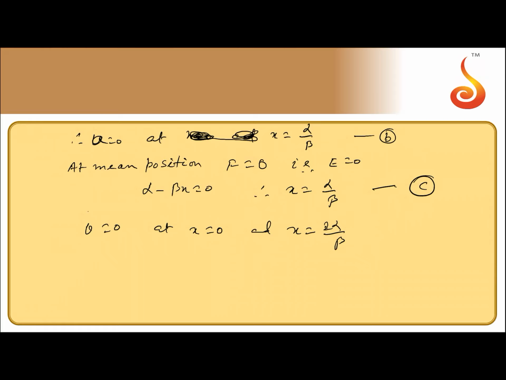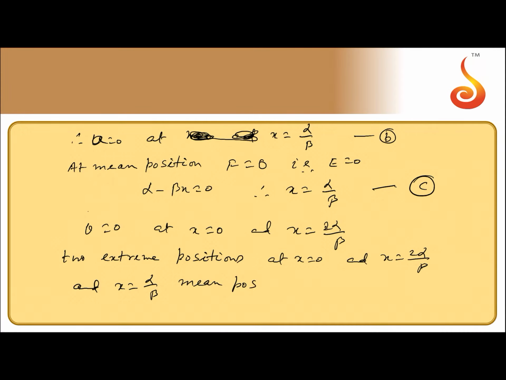So these are two extreme positions, at x equal to 0 and x is equal to 2 alpha by beta, and x is equal to alpha by beta is the mean position.